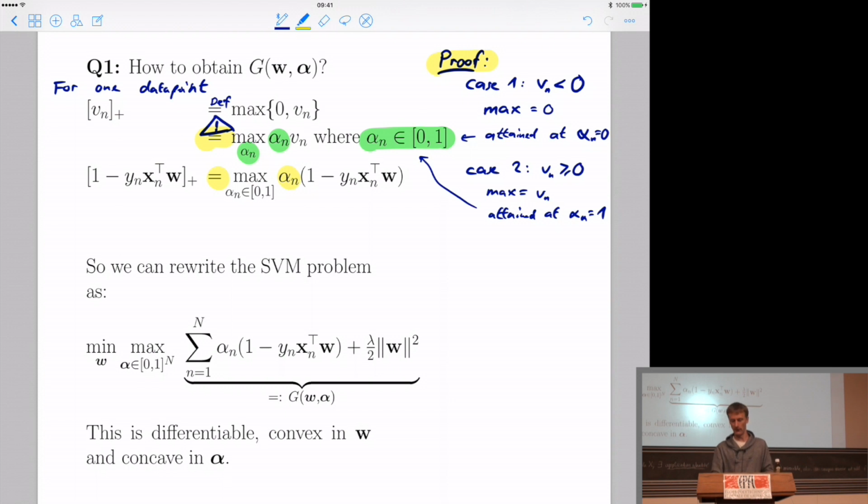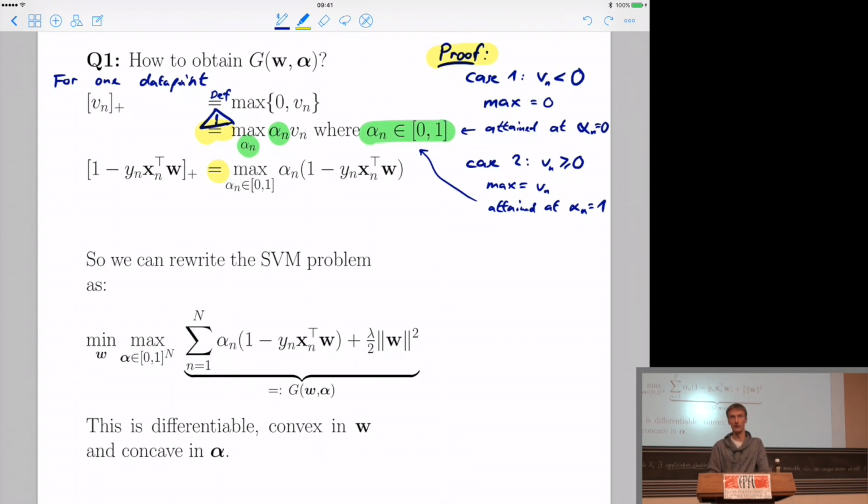This new part is the alpha, but the value of the whole thing is the same. So now we have actually made our life harder. We have written it as an optimization problem over new variables. But we said it's what we want to do anyway, because we want to introduce new alphas.